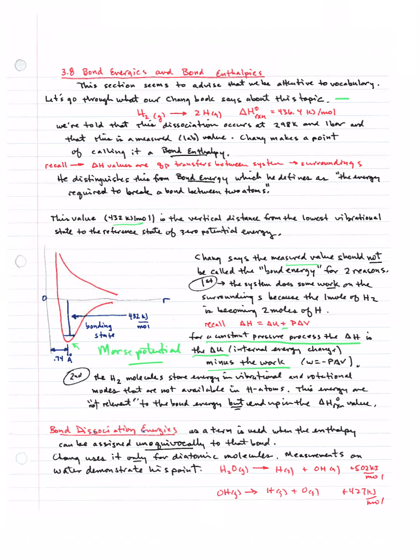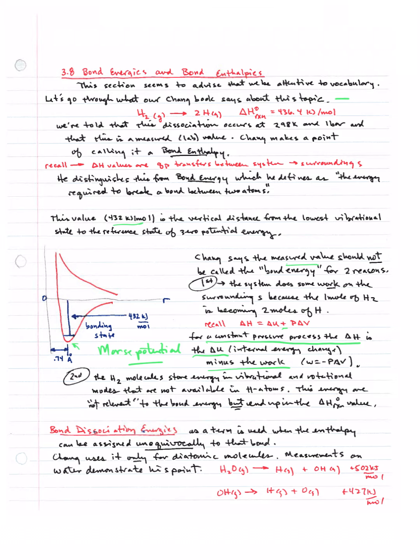In other words, the hydrogen atoms are, quote, hotter because some of that rotational energy that was in the hydrogen molecules has to be put somewhere, and it's put into the translational energy of the atoms, even though that's unrelated to breaking the bond.